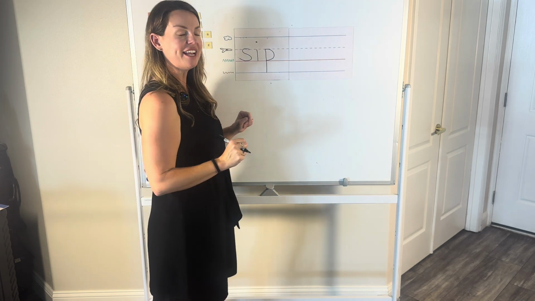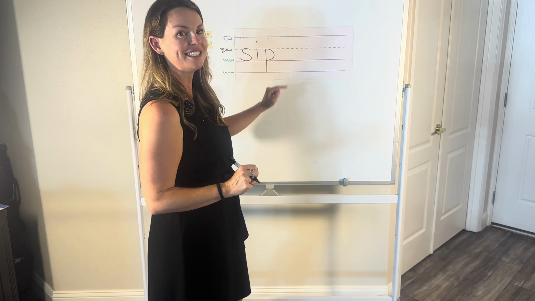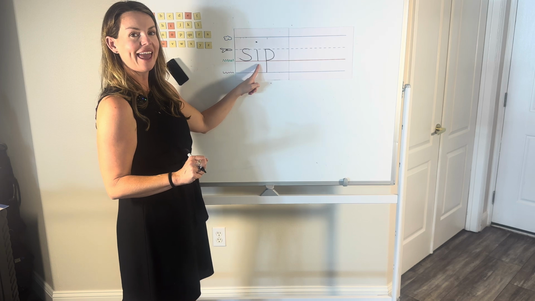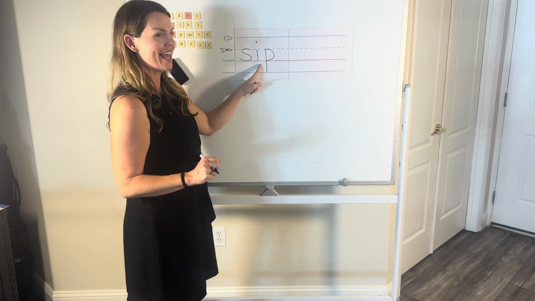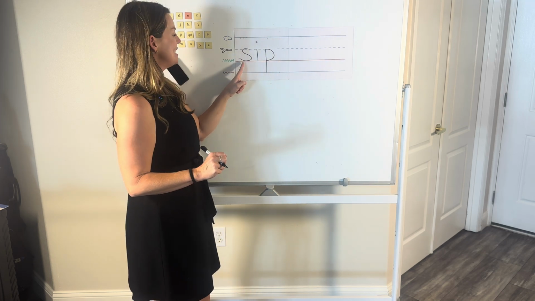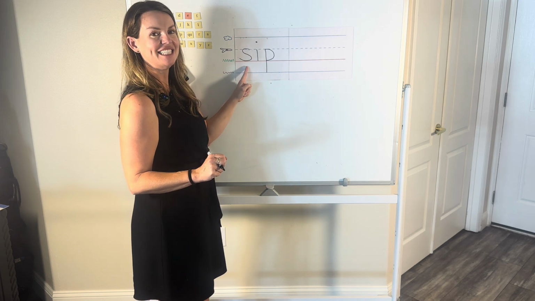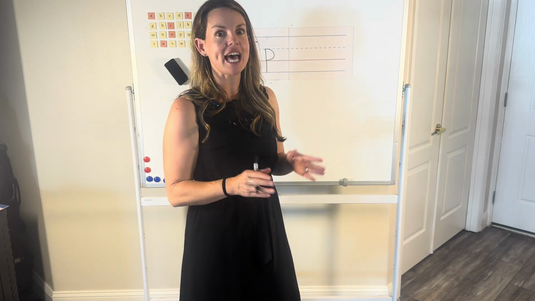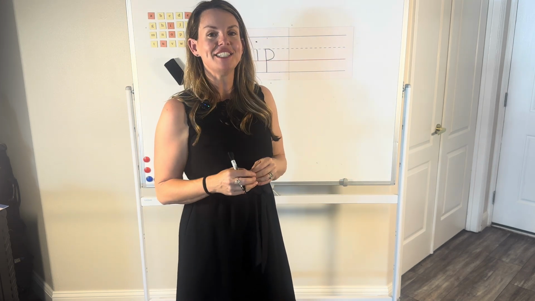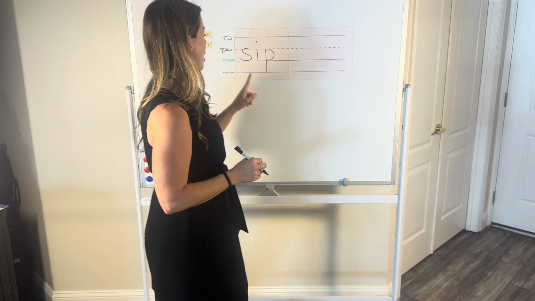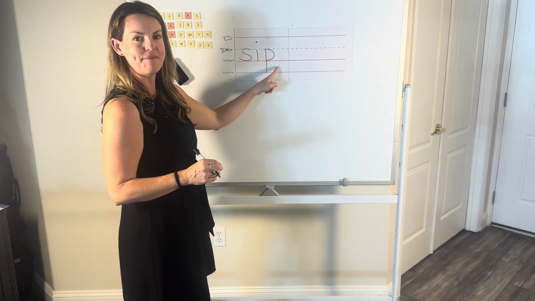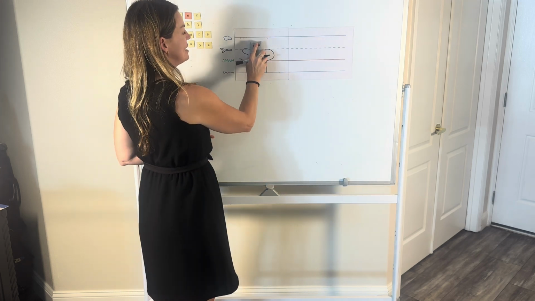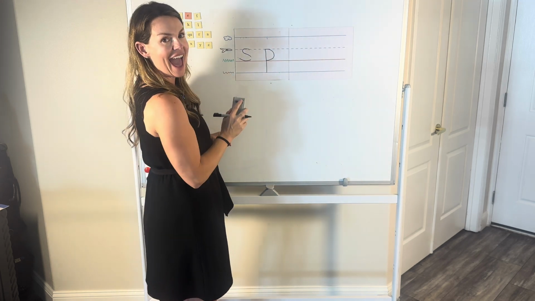Now slide your finger underneath your letters to blend the sounds together. S, I, sip, sip, sip. Now, I want you to change the sound in the middle to ah. What letter is in the middle? I. Let's change that sound to ah.